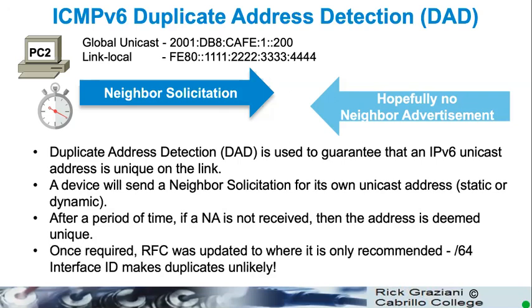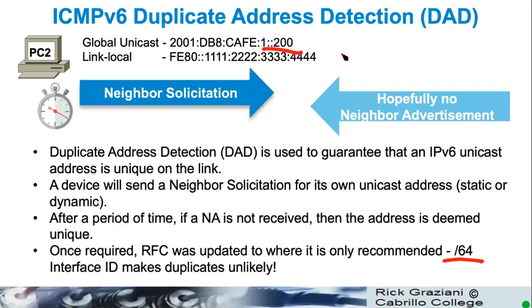Now, it's only recommended because with /64 interface IDs, especially if you're using SLAAC, most likely the address is unique. There are 18 quintillion possible addresses out there. Where you might come into problems is if you start statically creating addresses.